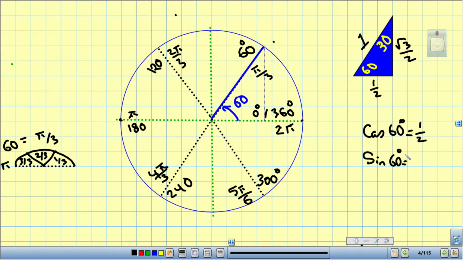So opposite of me, opposite of 60, you really have to know where you're at. Who are you? I am the 60. That's why your eyes have to be like this. You are looking from that perspective. If you're the 60, what's opposite of you? Which side is opposite of me?